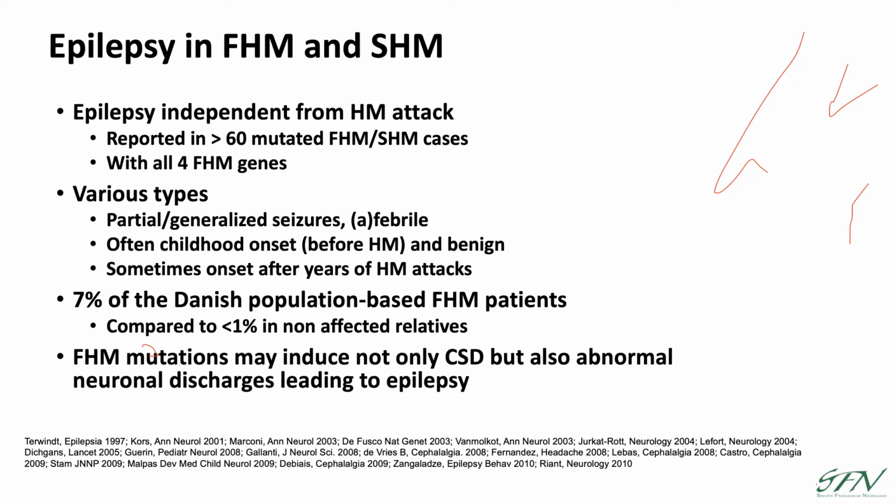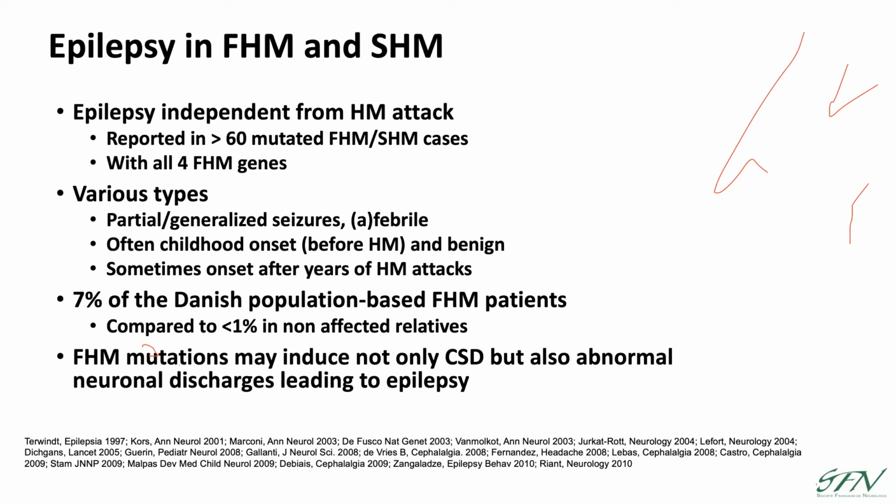Sometimes it's the opposite, and hemiplegic migraine attacks take place first during youth and continue in adulthood, and then the patient can start to have seizures when he's 25 or 30 years old.